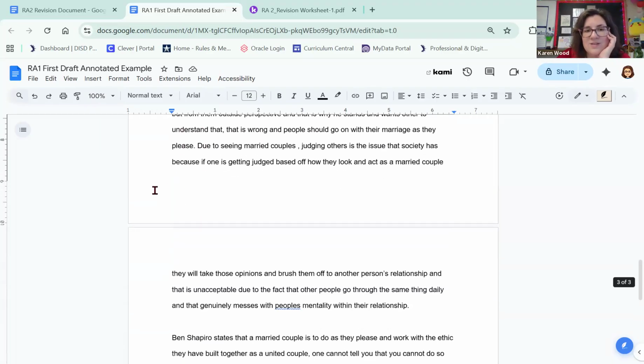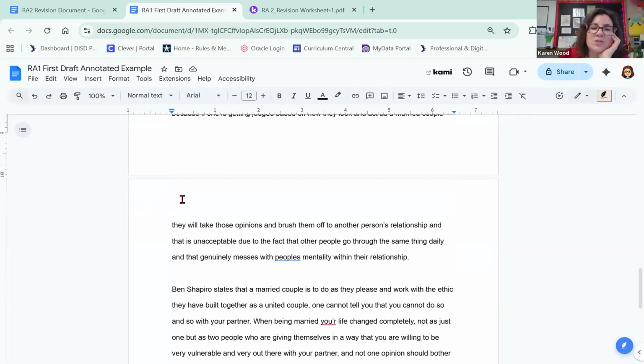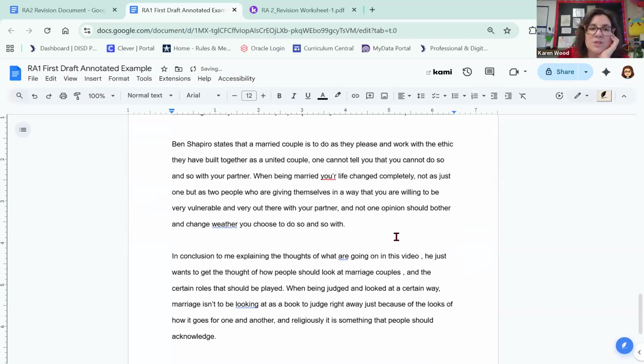Due to being married couples, judging others is the issue that society has, because if one is getting judged based off how they look and act as a married couple, they will take those opinions and brush them off into another person's relationship. And that is unacceptable due to the fact that other people go through the same thing daily, and that genuinely messes with people's mentality within their relationship.